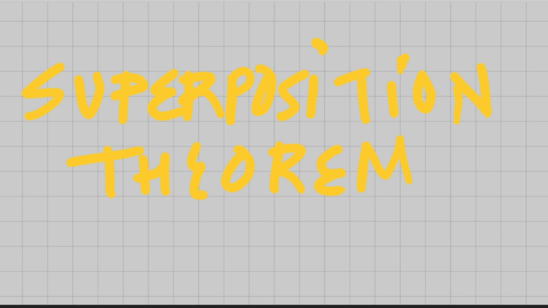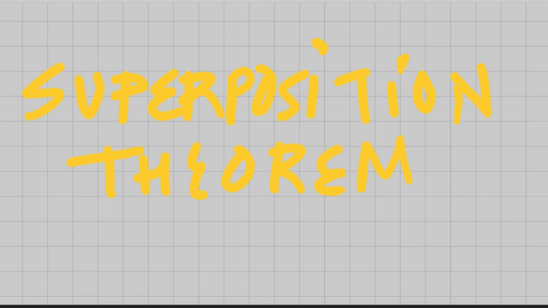So if I explain in very simple words, in layman's language, we can say that an element or circuit obeys the principle of superposition if the net effect of causes is equal to the sum of their individual effects.